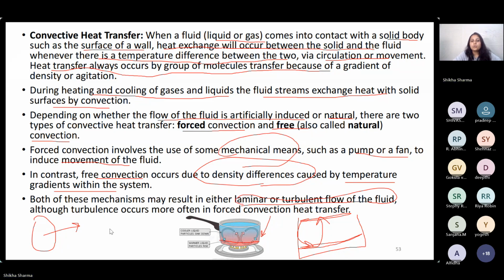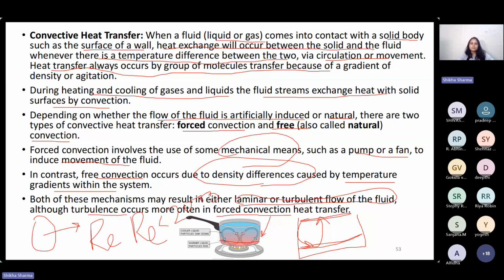Basically, if turbulent flow occurs, we mostly see it in forced convection heat transfer. Turbulent flow has a higher Reynolds number, whereas if the Reynolds number is less than 2000, it's laminar flow.